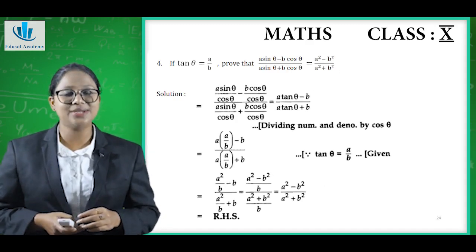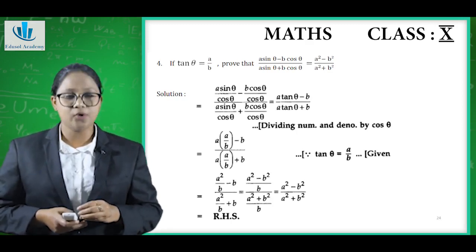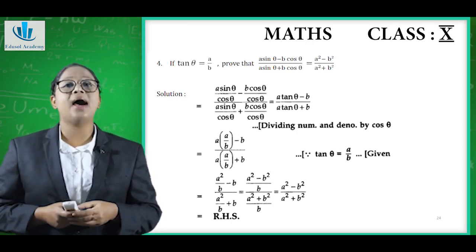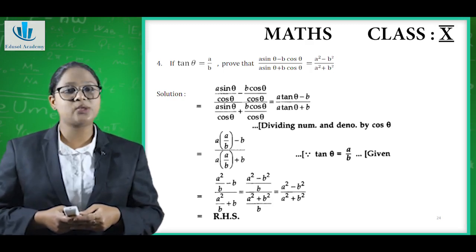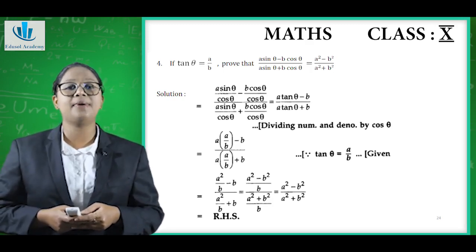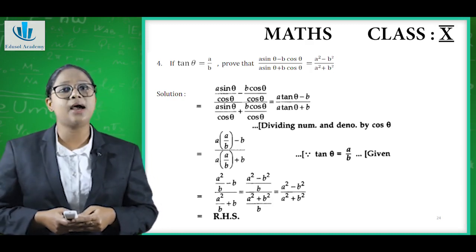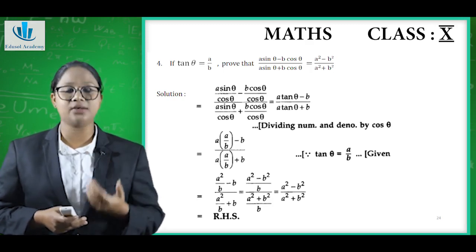Moving on to the next question. If tan θ is equal to a/b, prove that (a sin θ − b cos θ)/(a sin θ + b cos θ) is equal to (a² − b²)/(a² + b²). Again, a sin θ − b cos θ is in the simple basic format.